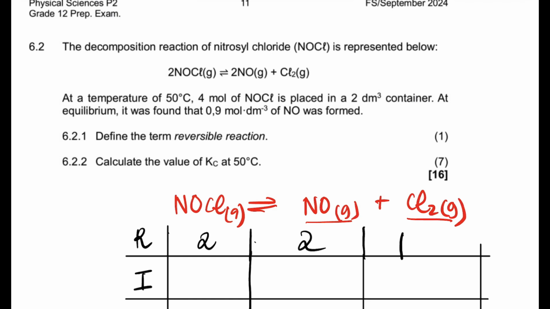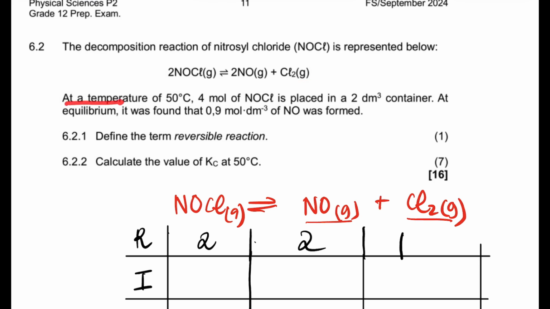6.2. Now it says a decomposition of nitrosyl chloride is represented below. So decomposing, they're splitting this into two compounds, right? Decomposing 2 mole of nitrosyl chloride into 2 mole of nitrogen oxide and 1 mole of chlorine gas.